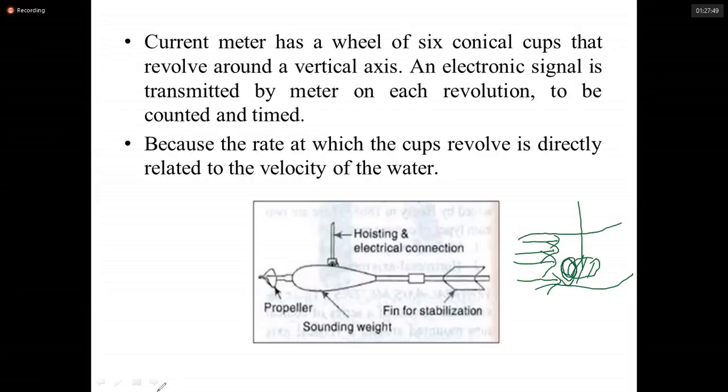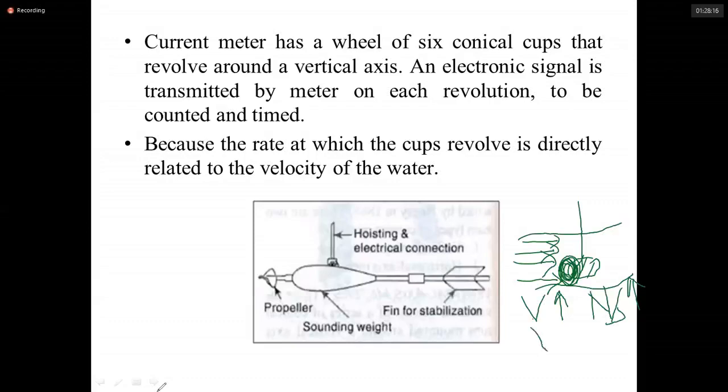The cups will move very fast, so the number of rotations per second is very high. If the velocity is high, the number of revolutions per second is very high. It will rotate very fast.